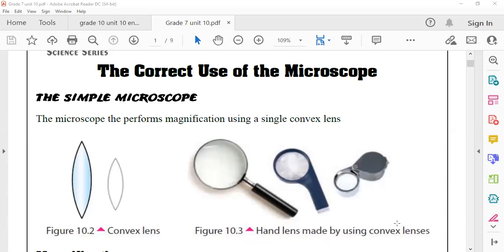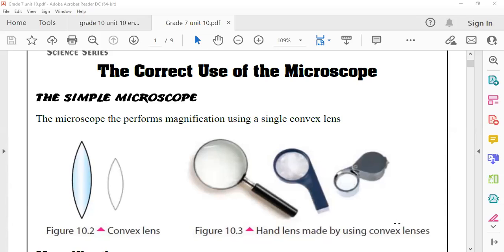So, what is the heading? The correct use of the microscope. In this heading, first of all, we are introducing the microscope.